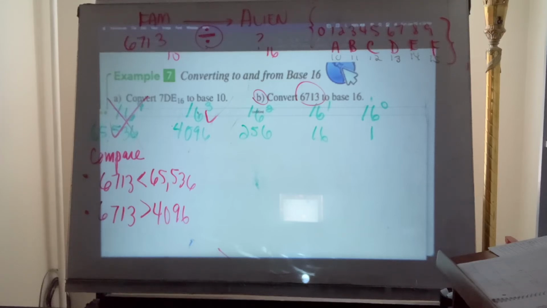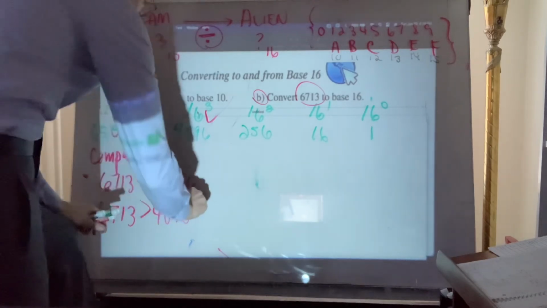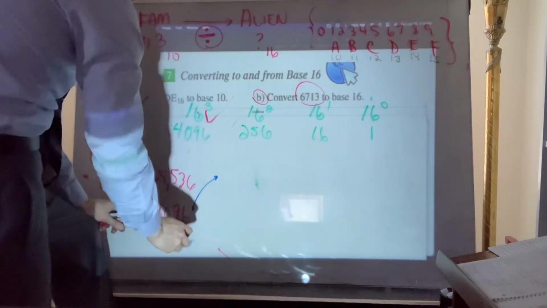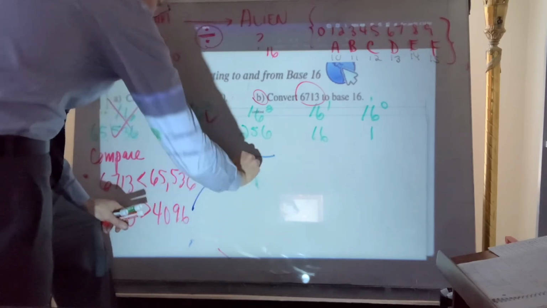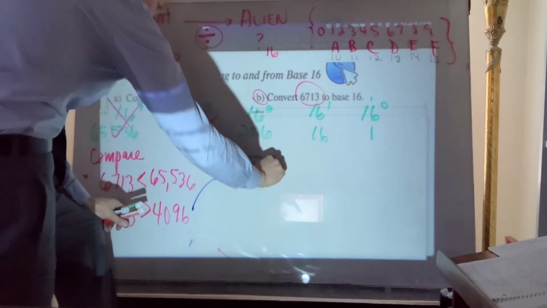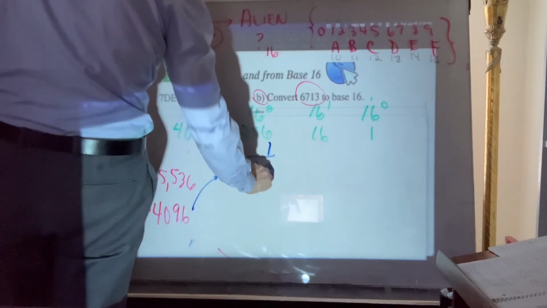My black is really dying, so I'm going to use blue a lot more. So 4,096 into 6,713. You'd only fit about one of those in there.